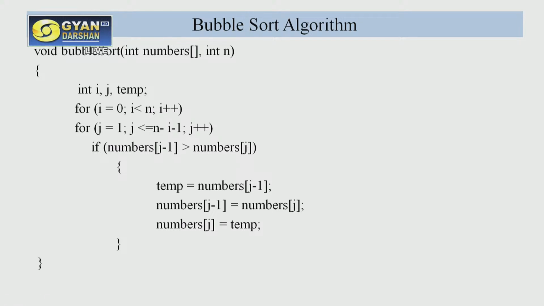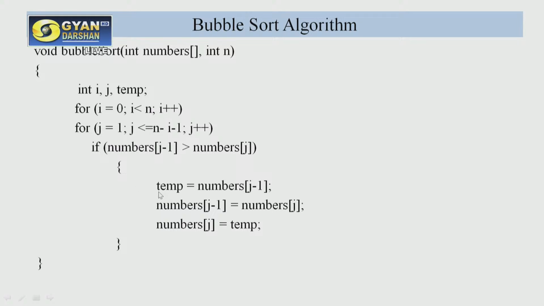So the 0th index element and the 1st index element will be compared, that is, the first and second element will be compared. If the first element is greater, then only the body of the if will execute, that is, swapping will be done. Otherwise, the body of the if will not be executed.